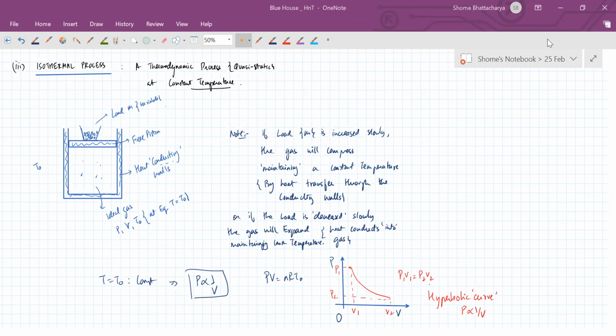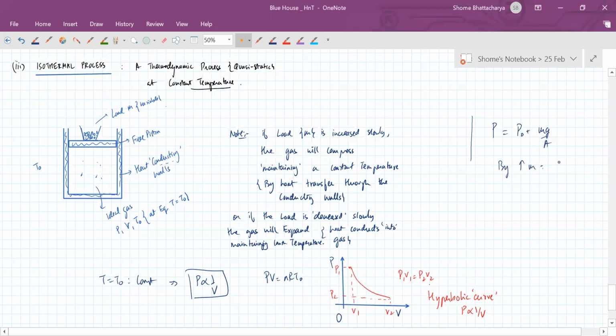So what happens is that if we have a sudden process, the load affects the pressure. We understood the pressure of the gas inside is equal to P naught plus mg by A. The pressure at which the gas is existing is atmospheric pressure plus mg by A. So by increasing m, pressure is increased.